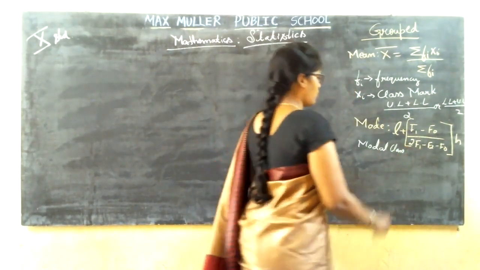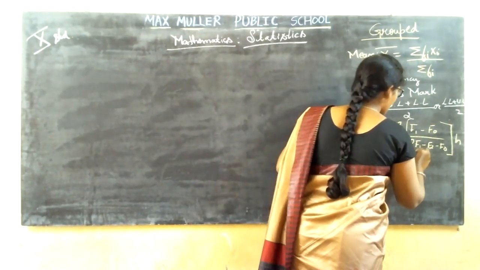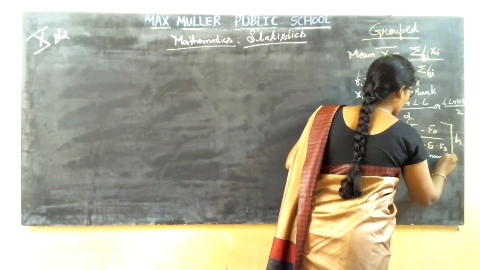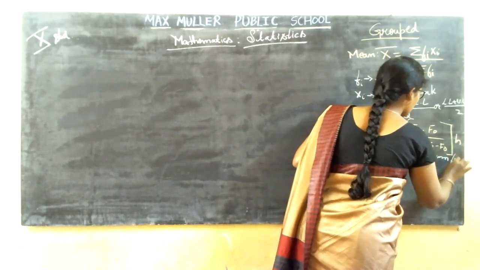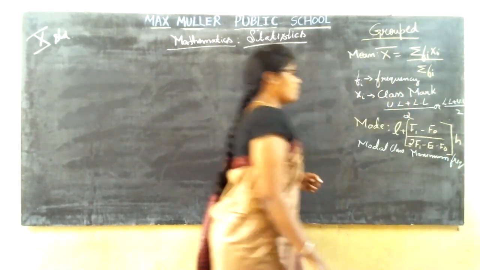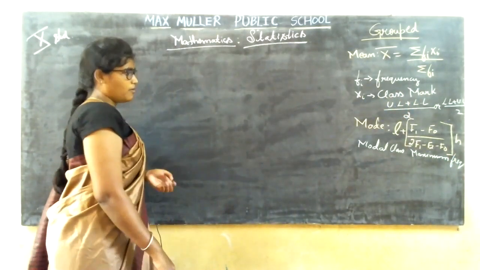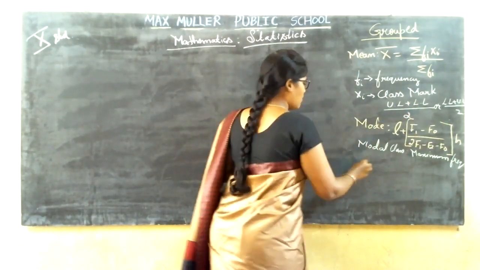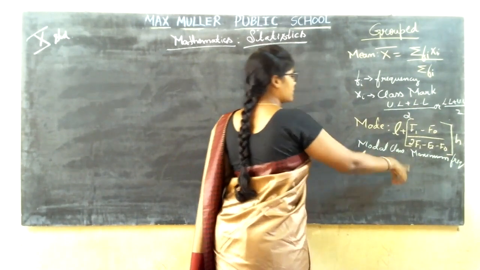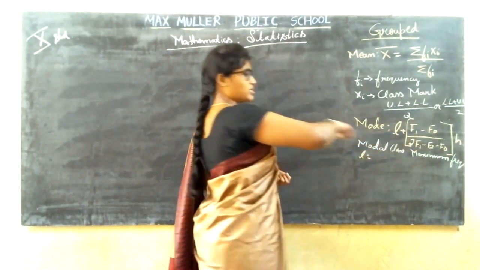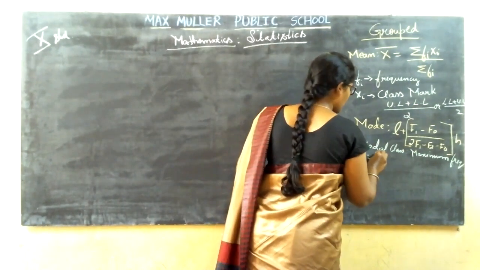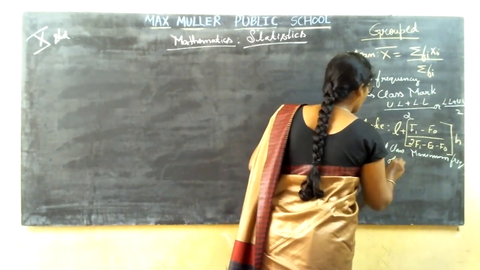You are going to find the modal class by considering the maximum frequency, correct? After finding the maximum frequency, that is the lower limit of the modal class, correct? L is the lower limit of the modal class.